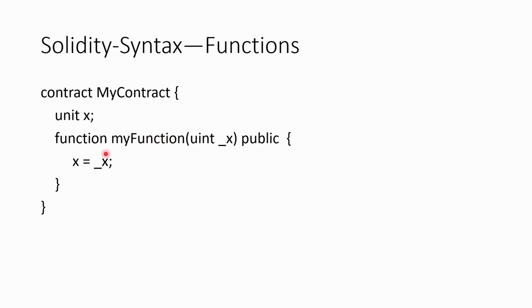So let's see what this function does. Before that, see the structure of this function: function keyword followed by function name, parenthesized list of parameters, then the access specifier followed by the scoping of its logic. What is the logic over here? x, that is the state variable x, is assigned the value of _x. Here _x is the parameter passed to this function. Essentially this function is a setter, that is, it will set the value for the state variable x.